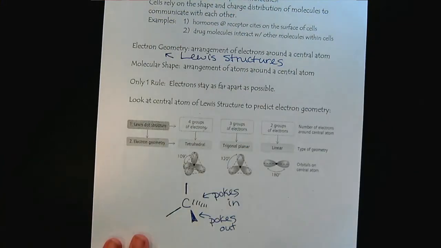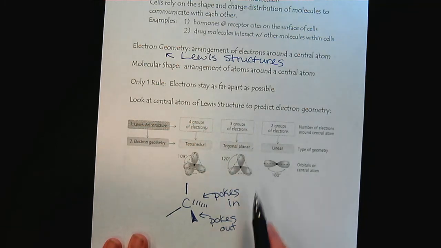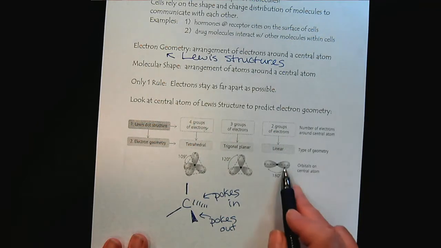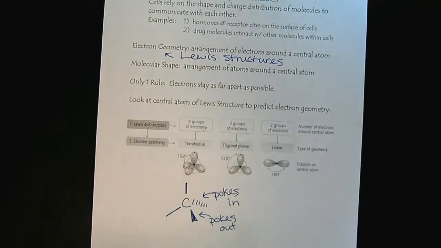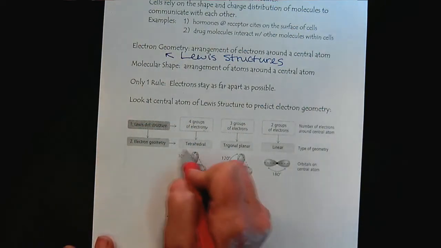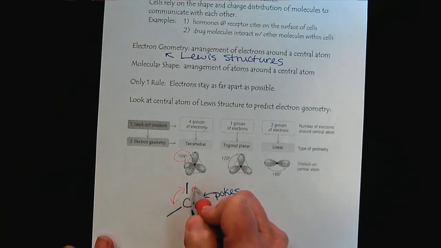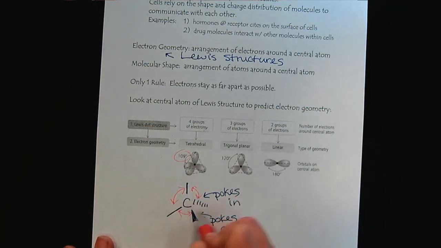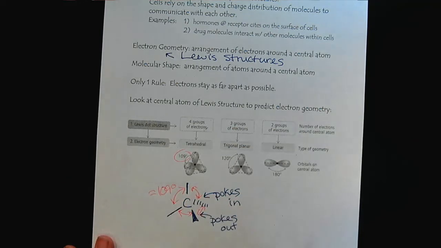The other two electron geometries, all the atoms rest in the same plane. So we could have trigonal planar and linear. Associated with these electron geometries are the bond angles. With the tetrahedral, the bond angle between each and every one of these atoms is about 109 degrees.